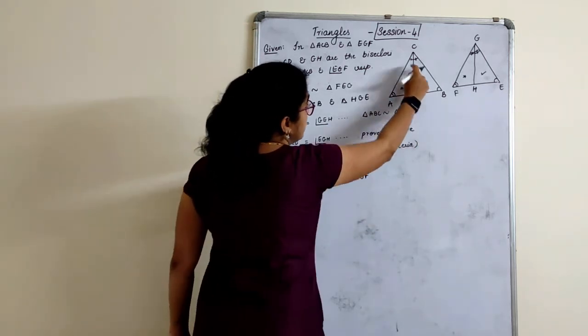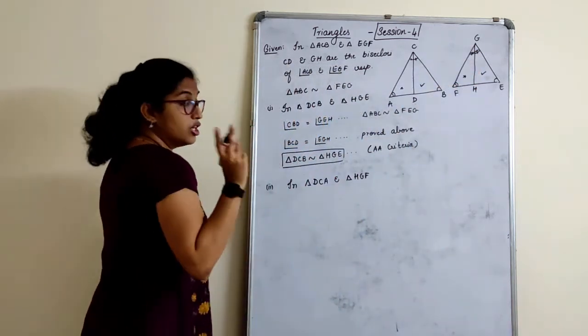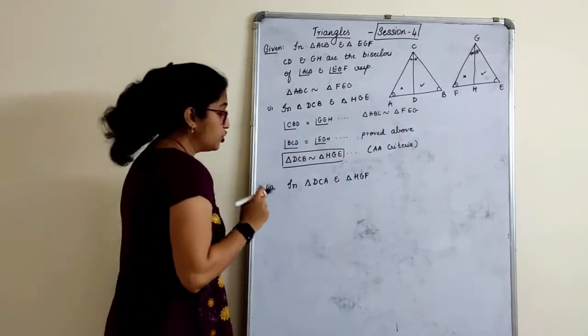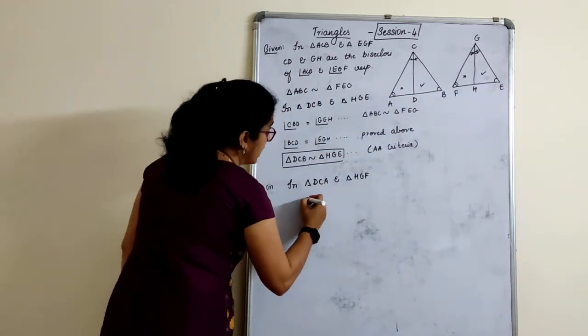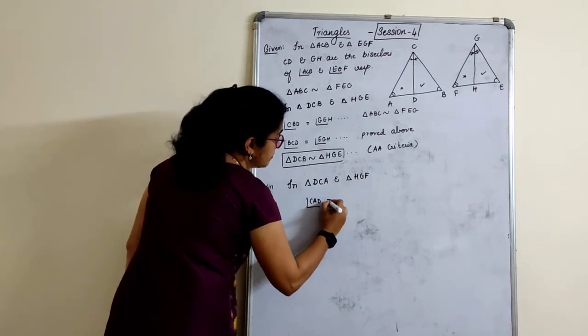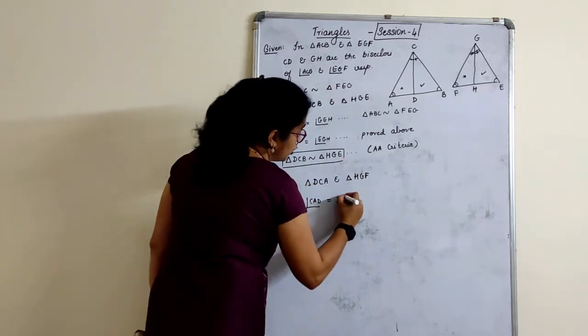In triangle DCA and HGF, again, two angles are equal. Angle A is equal to angle F. Shall we write that? So angle A is written as angle CAD is equal to angle GFH.